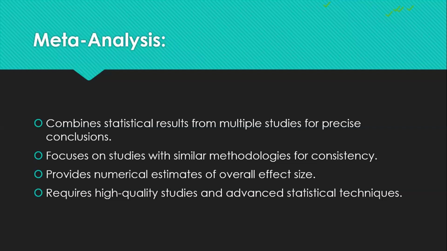By combining the results of all the studies, meta-analysis calculates the overall effect size, which tells us how much the persons are depressed and what the symptoms are. It mainly focuses on high-quality studies with similar research designs and advanced statistical techniques, which are valid and meaningful.